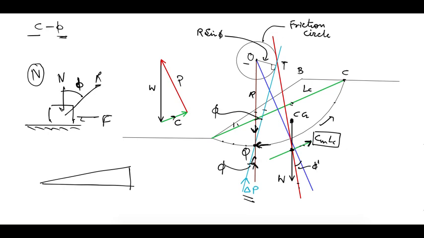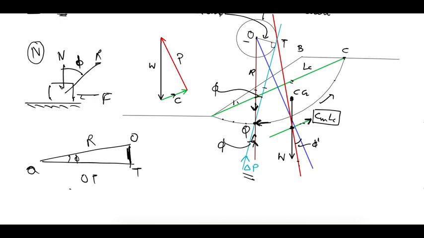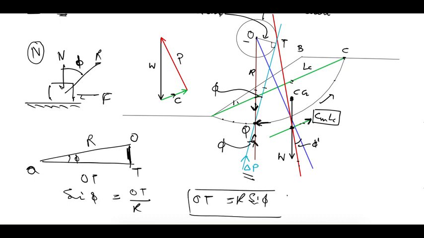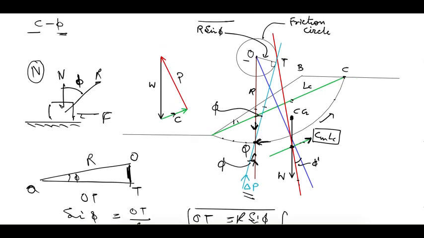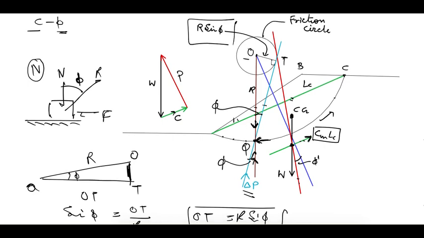This Q point is here, this angle is phi, T point is here and O is here, and this OQ is radius. If we try to find out OT, we can write sin phi is equal to OT upon R. So from here OT is equal to R sin phi, and that is the radius of this friction circle. So if we draw a circle of this radius, the resultant will be tangential to this circle. So from here that point comes.